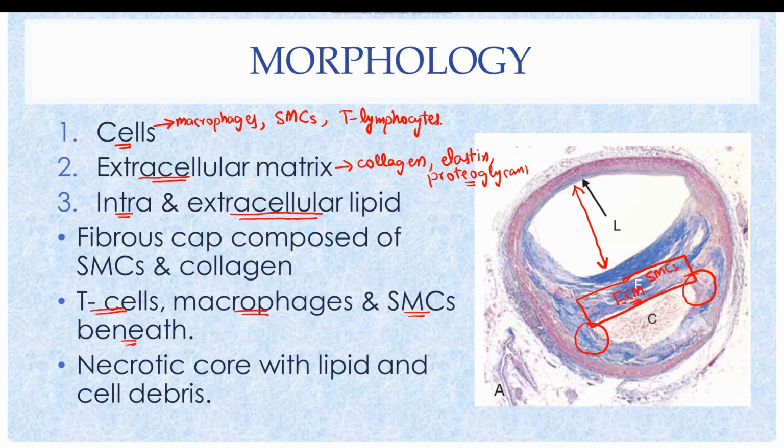Moreover, there is a core of the atheromatous plaque which is composed of excessive lipid and necrotic cell debris. The necrotic cells are mostly the macrophages and foam cells. In certain advanced and rare cases, calcification of the atheromatous plaque also occurs, which results in the stiffening of the arterial segment.